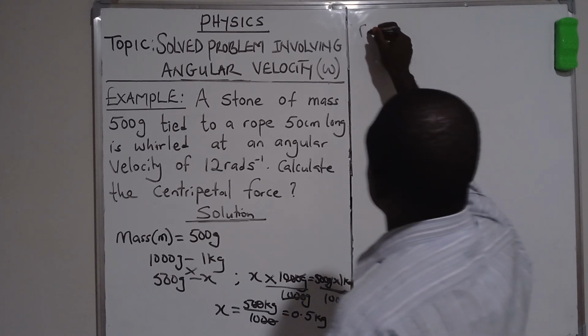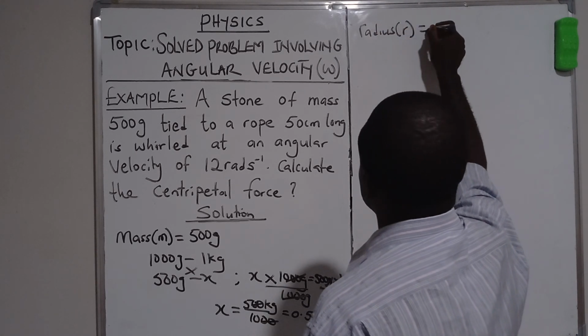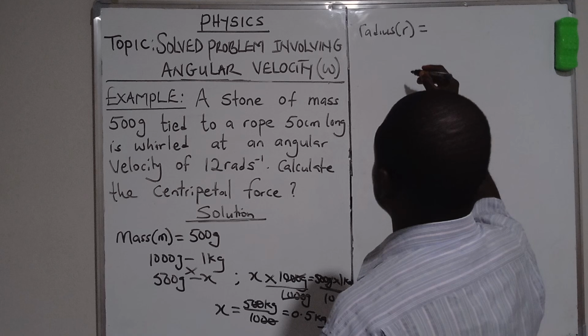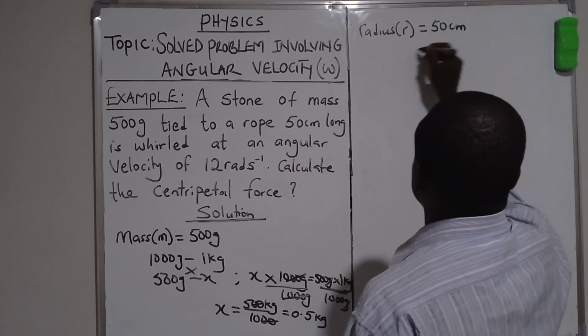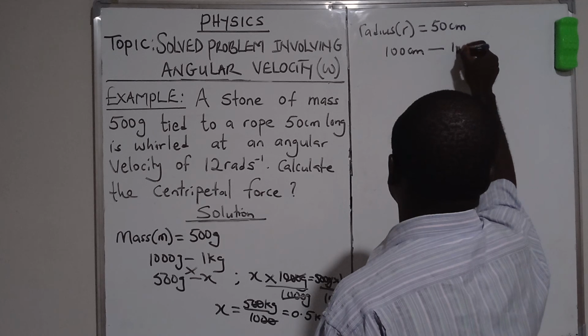And your R, the radius R, which is 50 centimeter. The same thing, 100 centimeter make 1 meter.